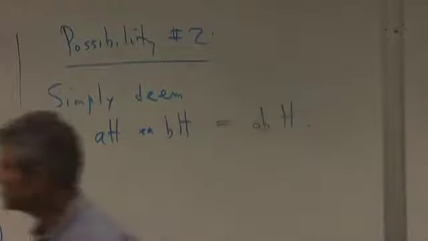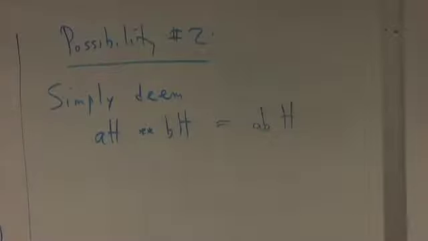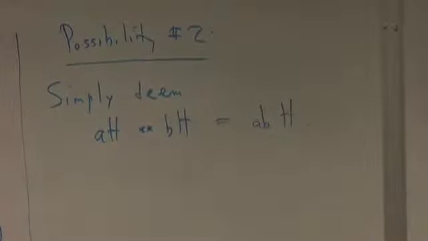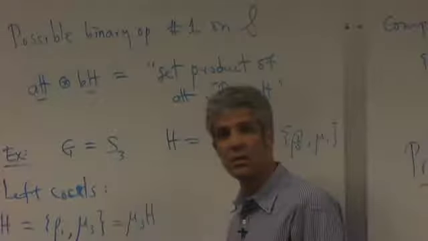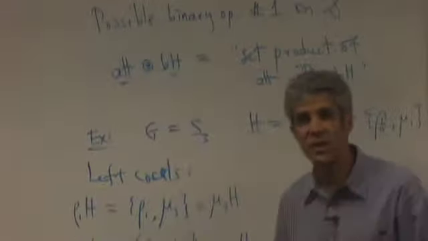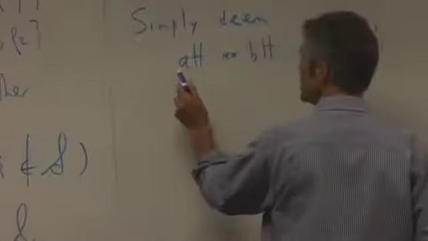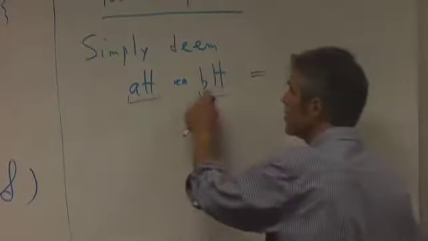For instance, this particular left coset could be viewed as rho 1 H, but equally well as mu 3 H. This particular left coset could be viewed as that, or as that.